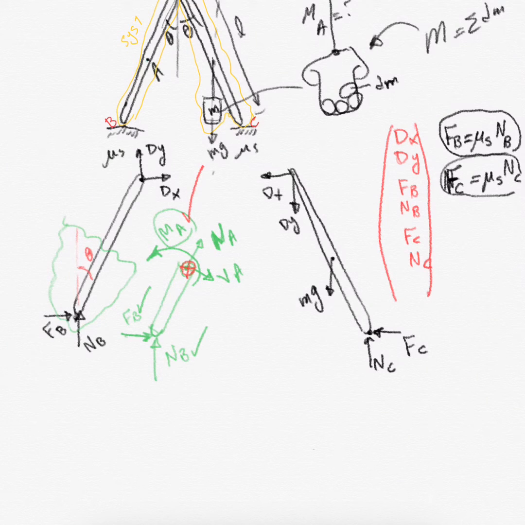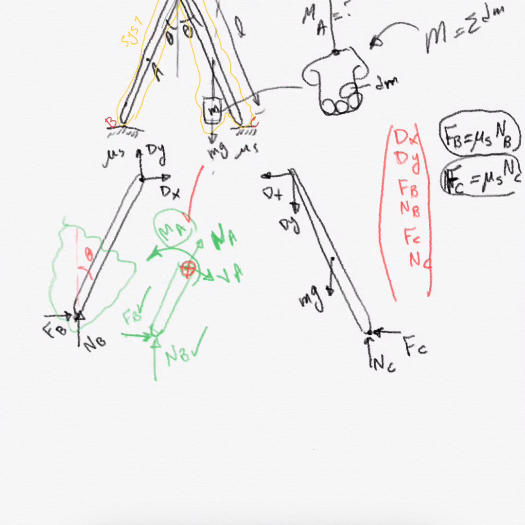So what I would do, first I would find dx and dy, and then using the information for dx and dy, I go ahead and write an equation in each one of system 1 and 2 to find either NC, FC, or NB and FB.